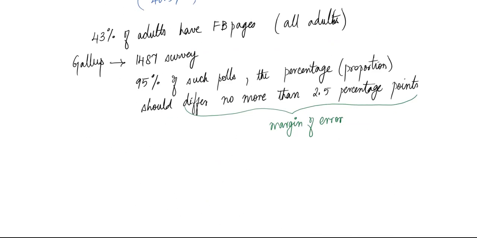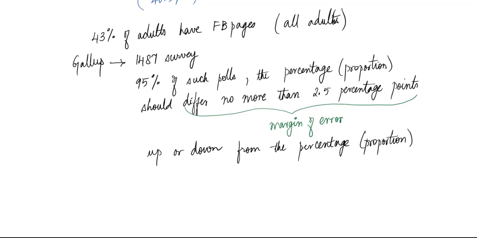Up or down. Okay. If we were to interview all adults, it should differ no more than 2.5 percentage points, up or down, in either direction, from the percentage that would be found if we were to interview all the adults. You get a percentage, right? A proportion.